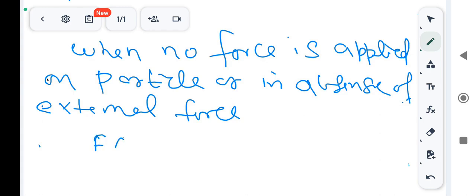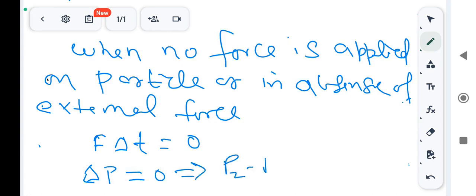F into del T is equal to zero. That means del P equal to zero, that is P2 minus P1 equal to zero, that is P2 equal to P1. It means momentum of the system is conserved.